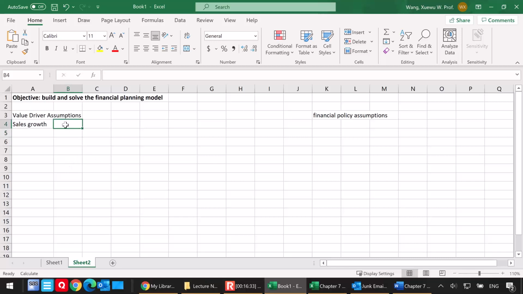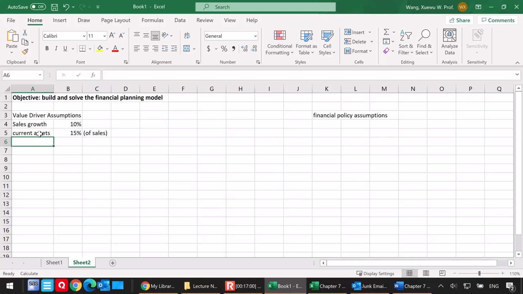Let's just say the company is able to maintain a 10% sales growth. And then we're going to look at the current assets assumption. For current assets, we just assume it's going to be 15%. Well, 15% of what? 15% of sales. You may ask me, where does this assumption come from?